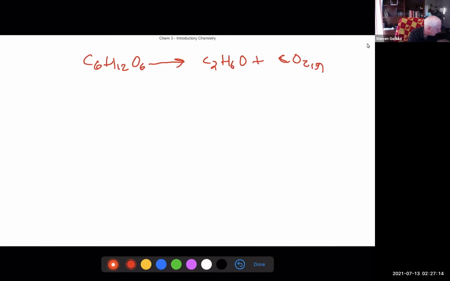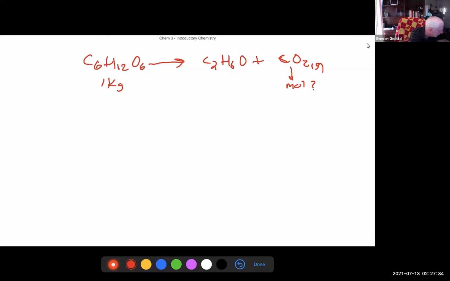It wants to know how many moles of carbon dioxide are produced for every kilogram of glucose. So 1 kilogram of glucose takes place in a sealed container. Okay, we can do that.